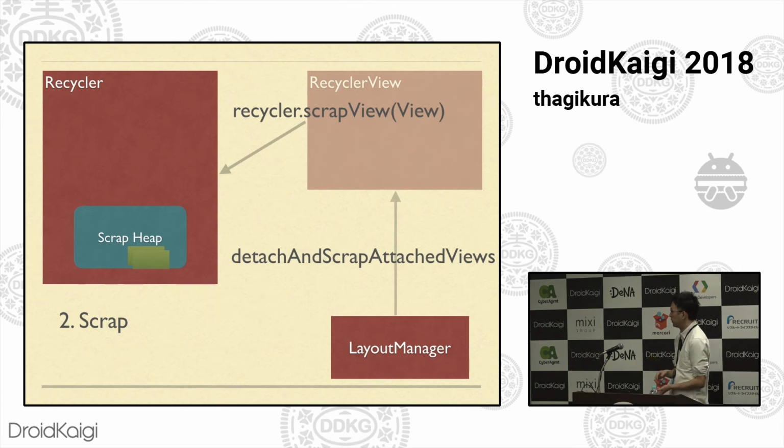Anyway, if the views are scrapped, they are stored in a place called the scrap heap within the recycler. Then, unlike the recycled view pool, the scrap heap can't be shared across multiple RecyclerViews.